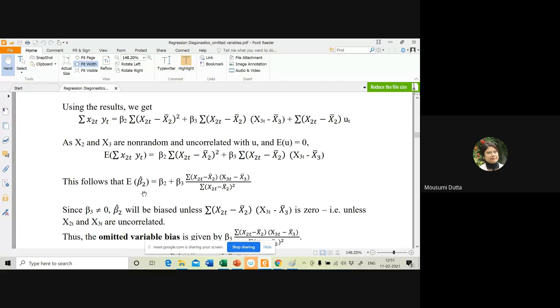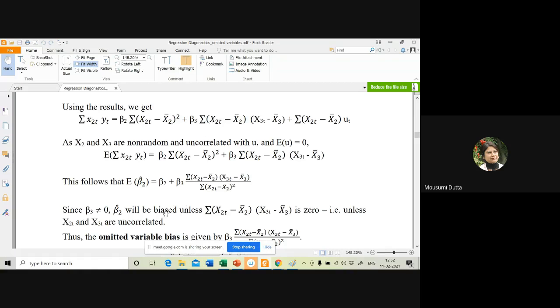So we are getting beta 2 hat is not an unbiased estimator of beta 2. So in the context of omitted variable, while we are losing some properties of the classical model, we are finding that beta 2 hat OLS is no longer an unbiased estimator of beta 2. Rather, we are getting it is beta 2 plus something.